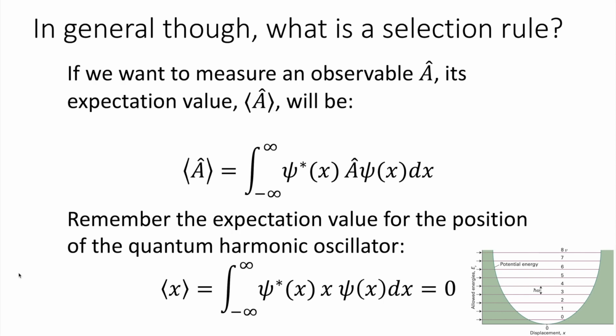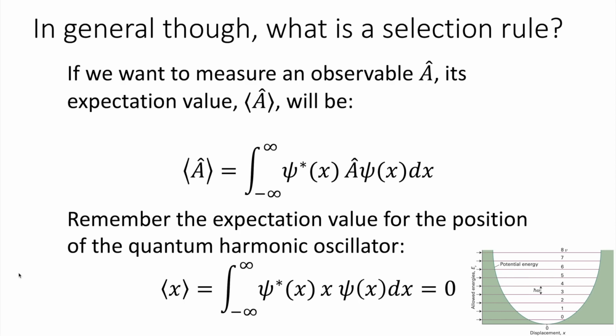And if you look at the symmetry of that harmonic oscillator, this is not surprising. No matter how high the energy level goes, given the symmetry of the harmonic oscillator potential energy function, the expectation value for the position is always going to be 0, because that's where the equilibrium point for the oscillator is.